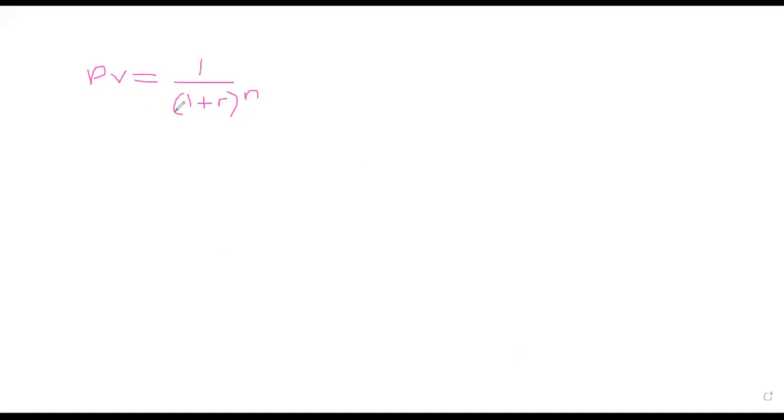This is what we call the present value factor. Whereas the future value is given by (1 plus r) to the power n, which is a future value factor. These are simply the future value factor and the present value factor.